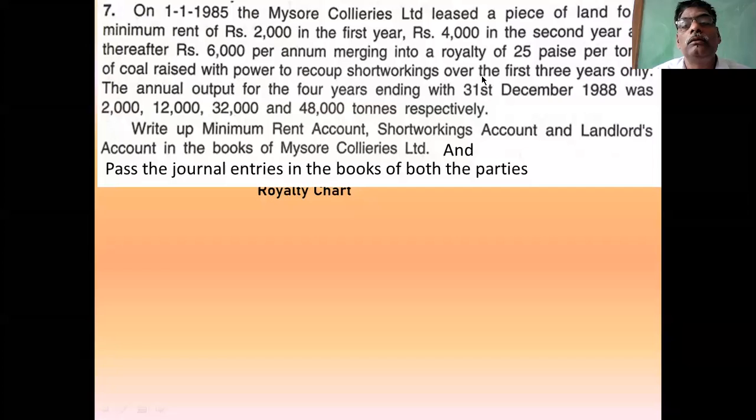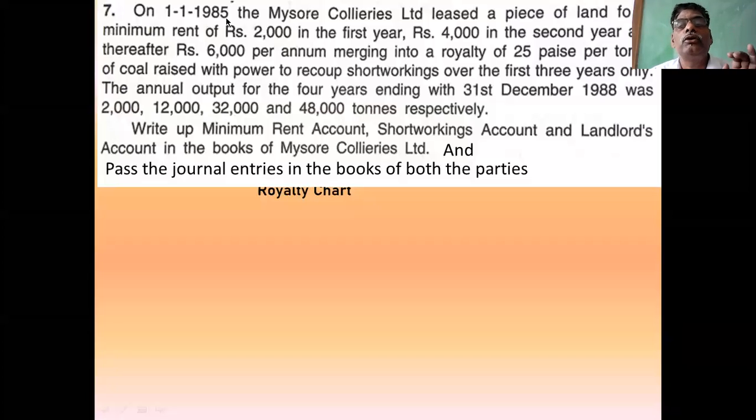This is the new point. I think I solved 1 or 2 problems on the basis of this. First 3 years means a fixed period, not a floating period. First 3 years means first year, second year, third year, from 1/1/1985, that is 1985, 1986, 1987 end.